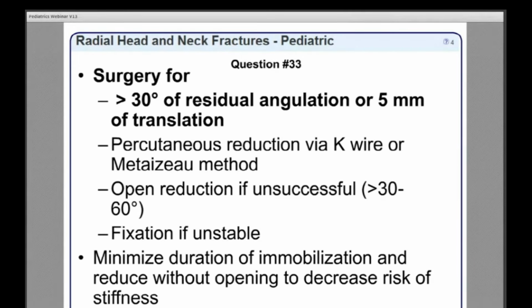The exact indication for an open reduction is not well determined, but ranges between 30 and 60 degrees of angulation. Fixation should be performed if the reduction is unstable, and this is not always necessary. In general, you want to minimize your duration of immobilization and reduce the fracture without opening the fracture in order to decrease your risks of stiffness.